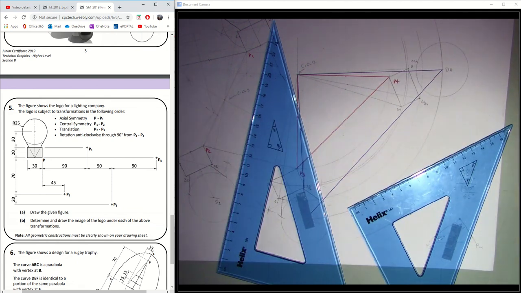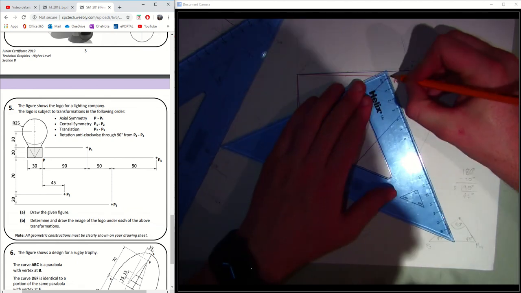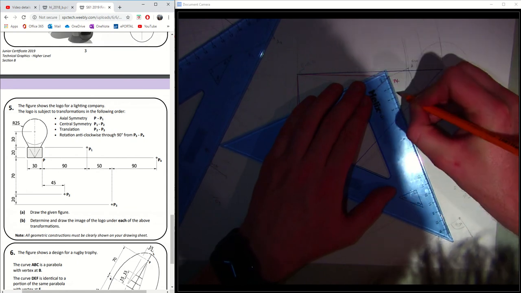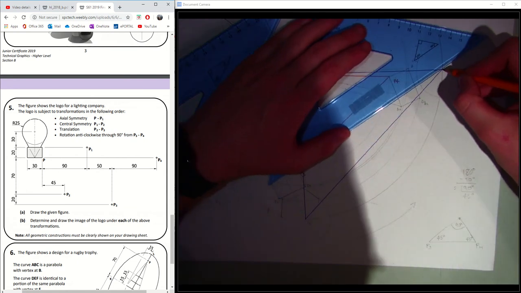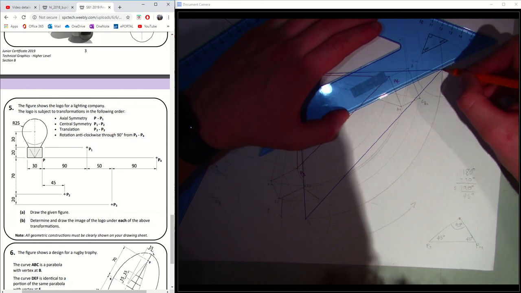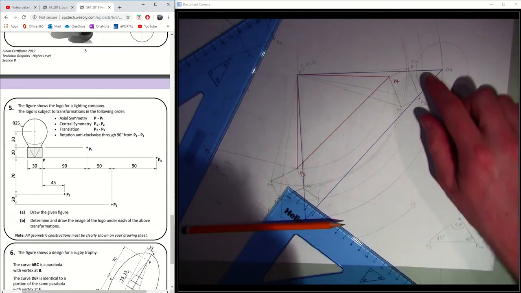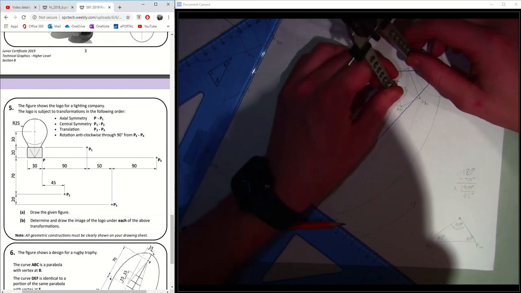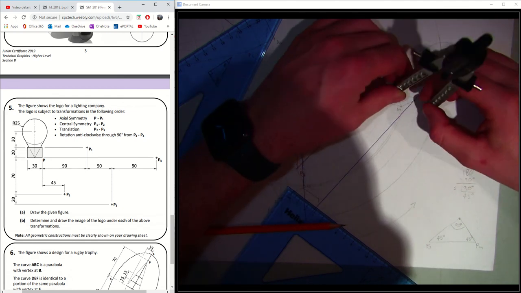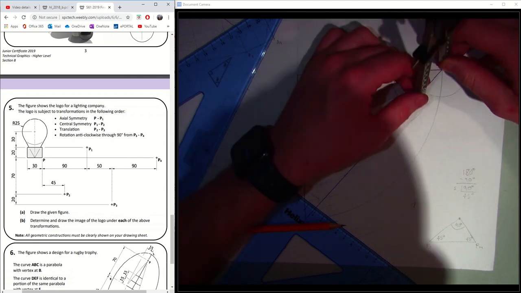I want to draw in my two tangent lines, so again I'm finding the center of this base. It's going to be here. I want to join them. I want to draw a tangent to these two points, so I'm going to bisect the line. Again, all of these are going to be in light construction lines. I just have them heavy on the visualizer.